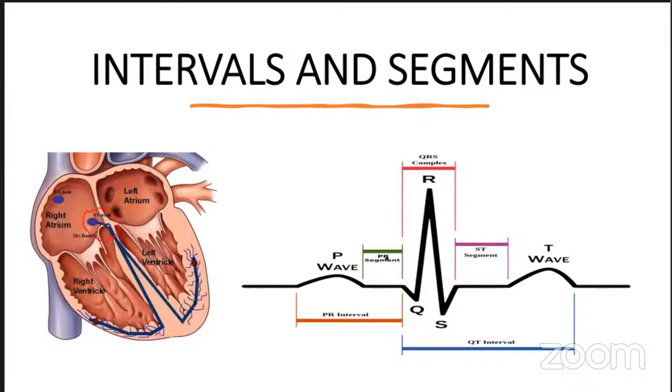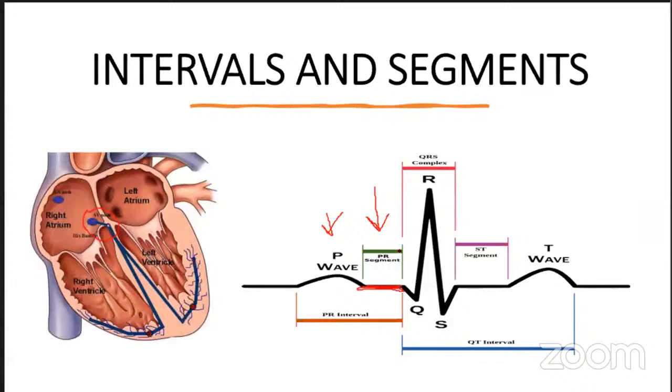When it holds the current within itself, the ECG is not going to detect any movement of current, and as a result, the needle is going to go back to the isoelectric line. And we said this isoelectric line is what we refer to as our PR segment. So the P wave is your first positive deflection, and the PR segment represents the period in which the AV node holds the current.